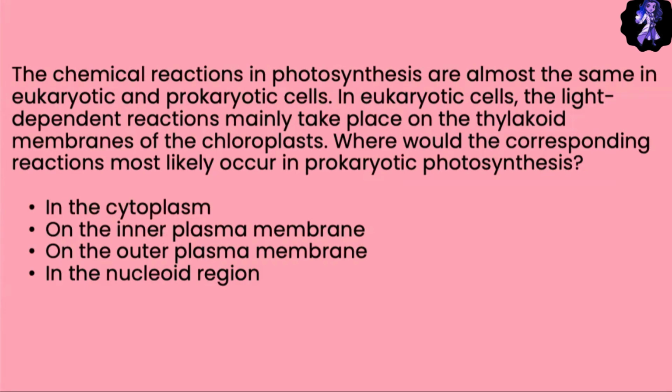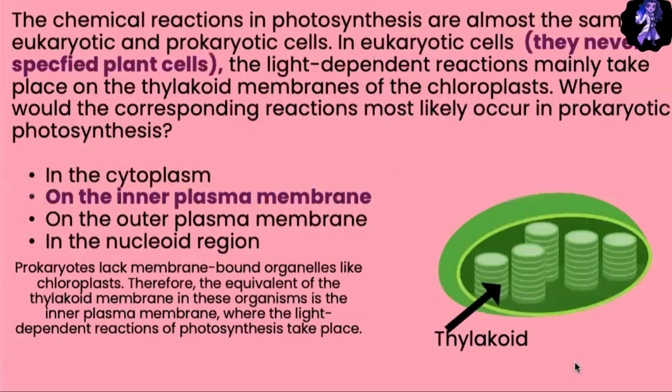Okay, now that you've completed pausing the video and trying to come up with the answer, let's see what the correct answer was. The correct answer is on the inner plasma membrane. So the question asks, the chemical reactions in photosynthesis are almost the same in eukaryotes and prokaryotic cells.